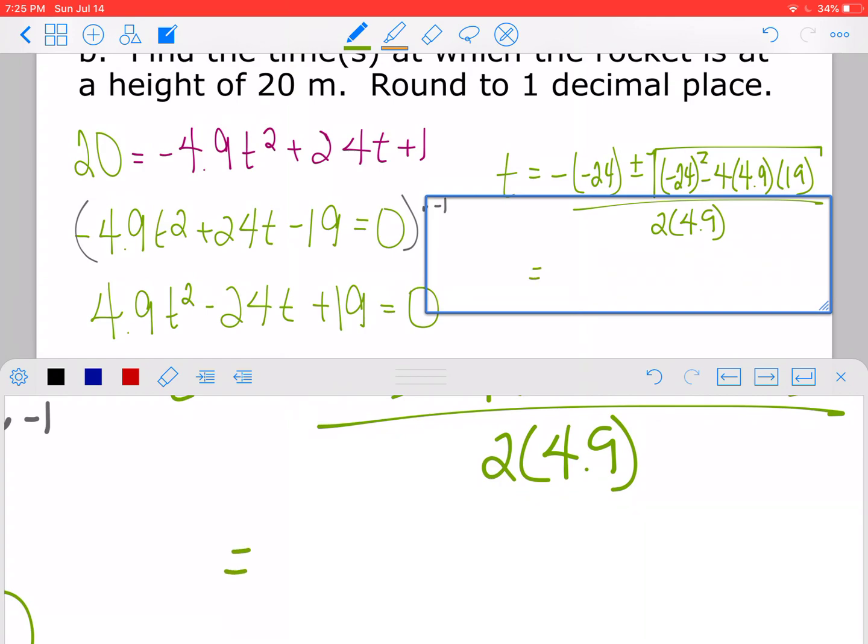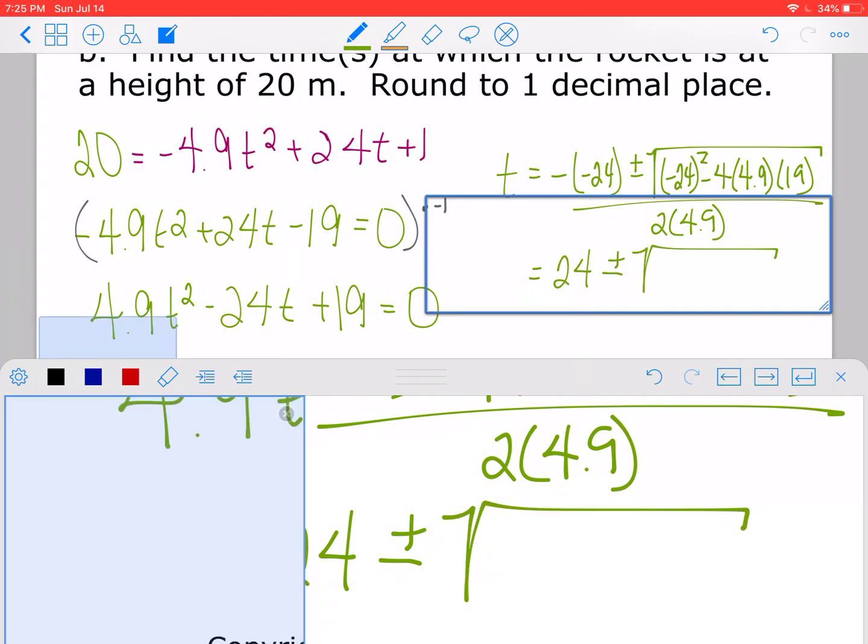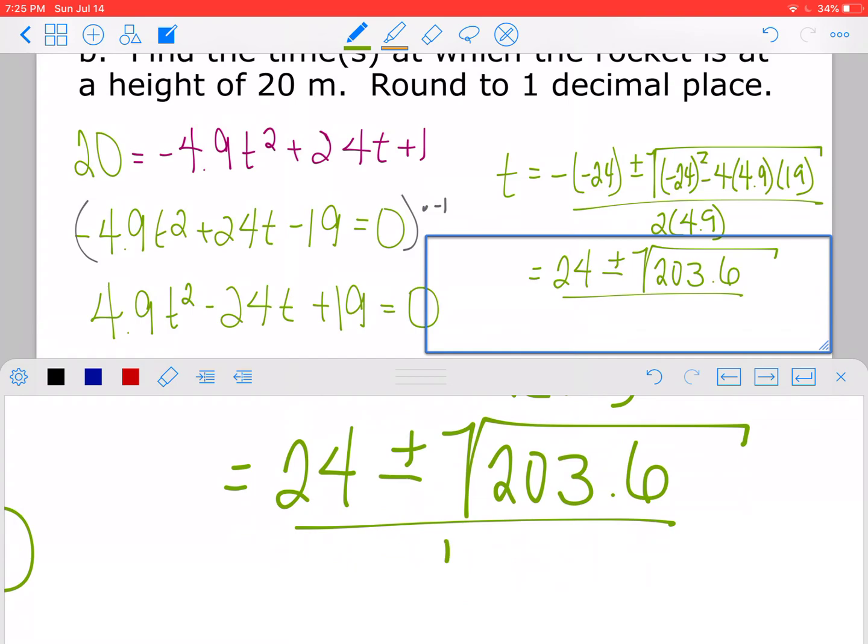That gives us positive 24 plus or minus the square root of 203.6 divided by 9.8.